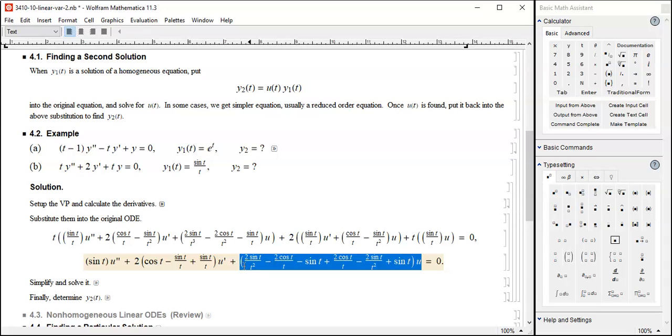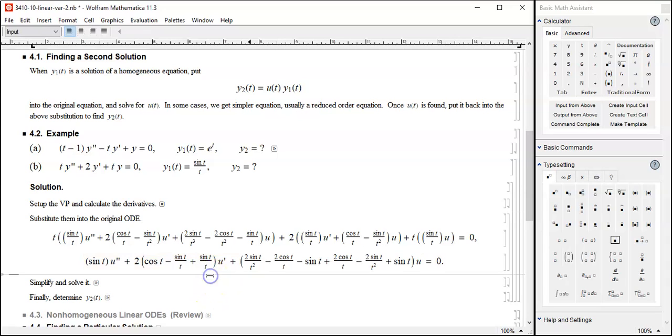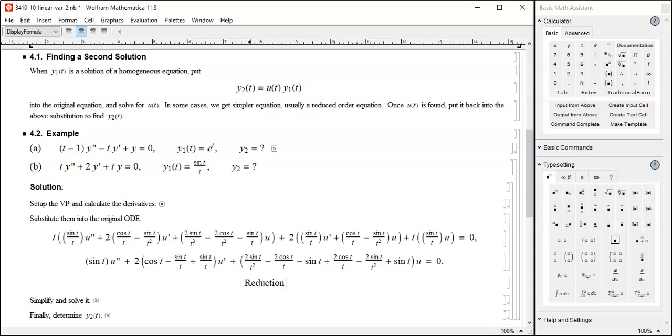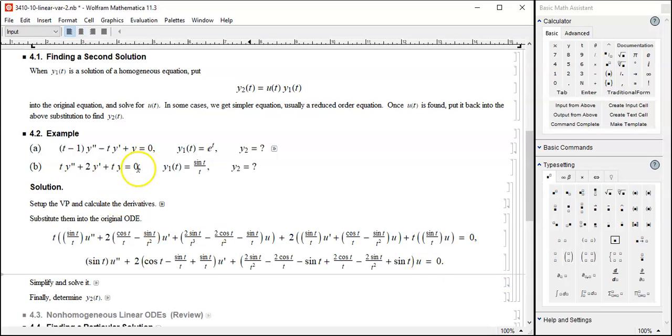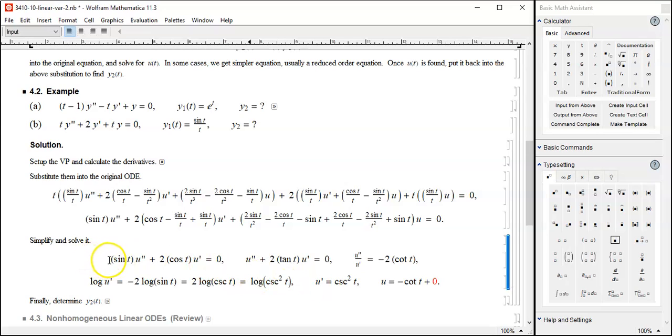So what do you have? Again, we have a reduction of order. We began from the second order linear ODE, but we ended up with a first order linear ODE. Yes, we have u double prime, but I don't have u, I just have u prime, so this is first order.